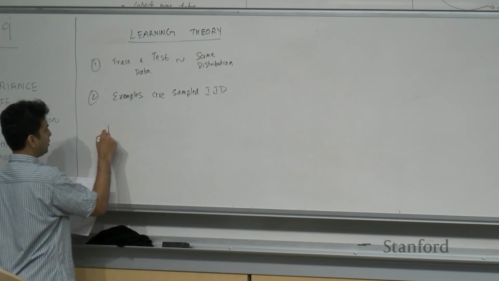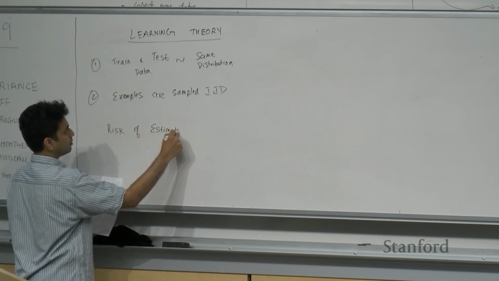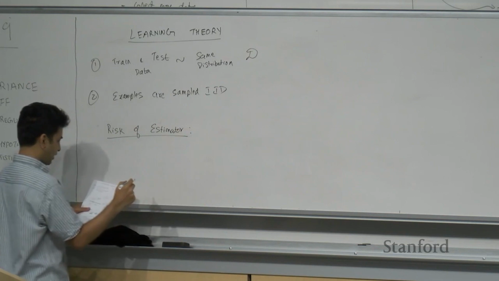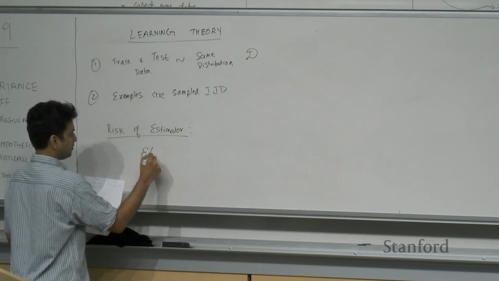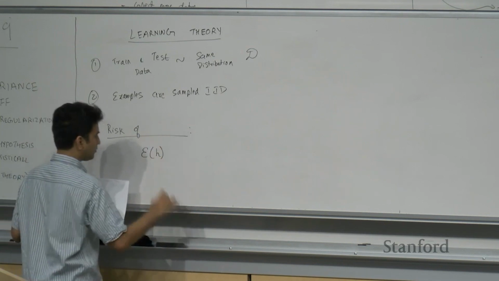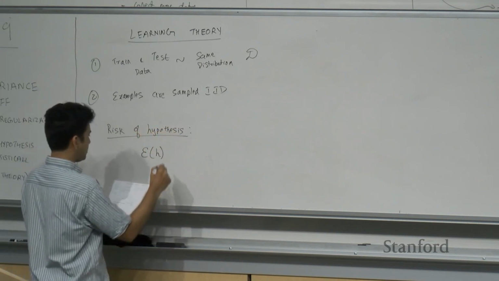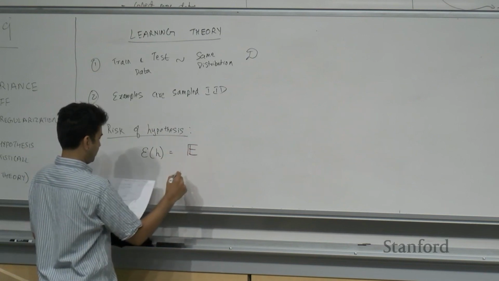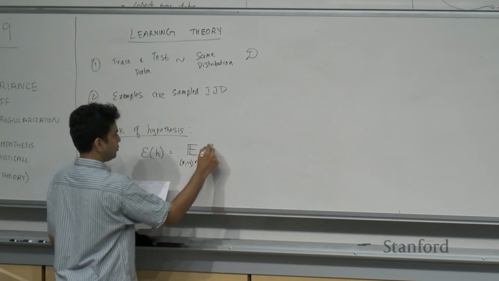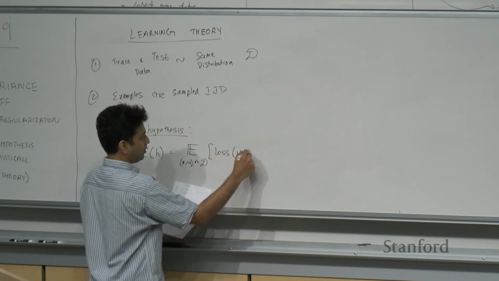So the risk of an estimator, let's call this distribution D. Risk of an estimator, let's call it risk of a hypothesis, is defined as the expectation, (x, y) sampled from this distribution, of the loss of y and h of x.